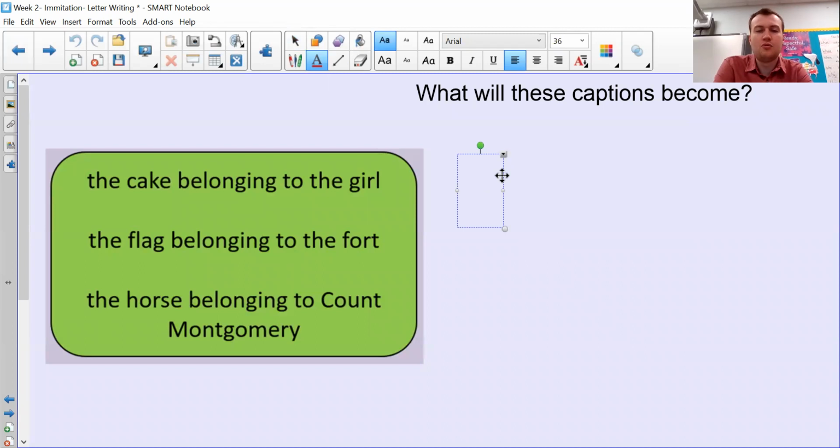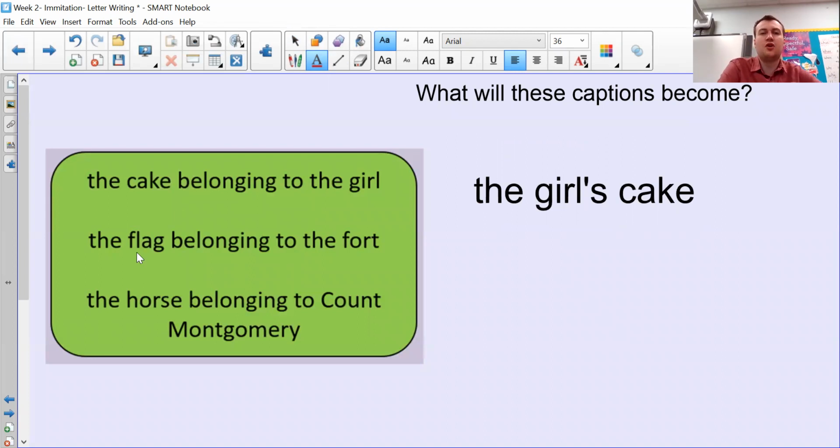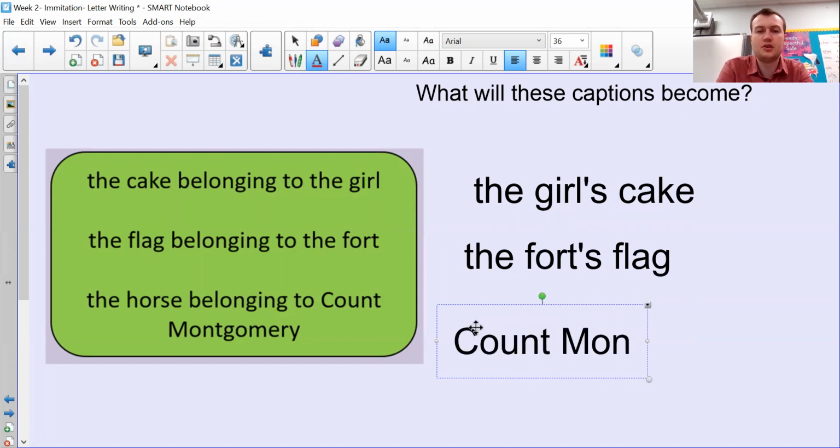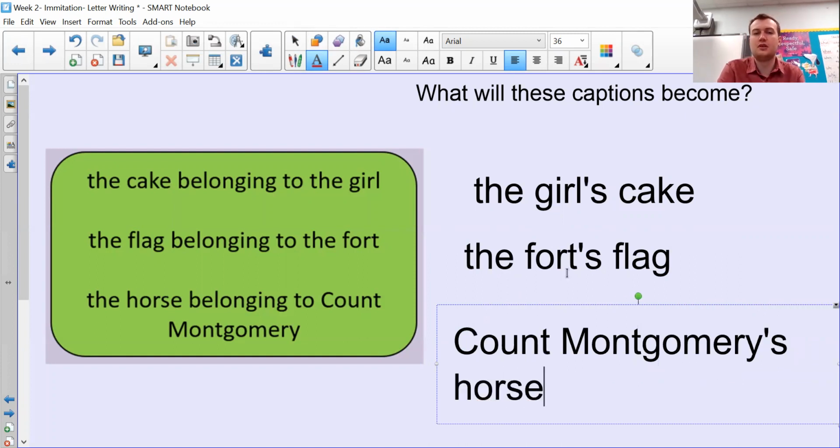That first one, we would say the girl's cake, because we've got rid of belonging to, and we've put an apostrophe S to show that the cake belongs to the girl. Can you do the other two? This one should have got the fort's flag. And then here, Count Montgomery's horse. So well done if you got those.